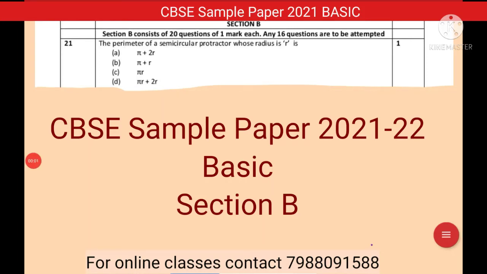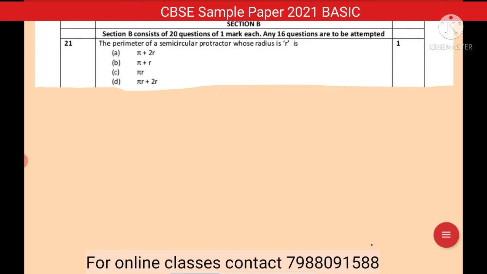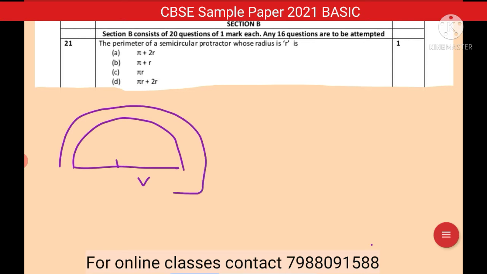Let's do section B, and question number 21 is one of the very most important questions. It says perimeter of a semicircular protector is dash whose radius is r. Now radius is r. See, perimeter means taking one round and coming back. So going like this and then coming back. This is perimeter.